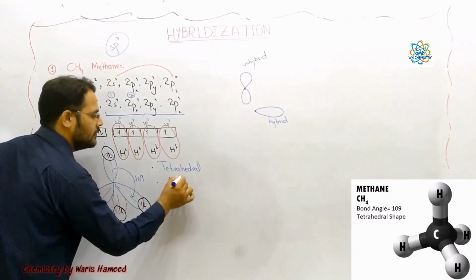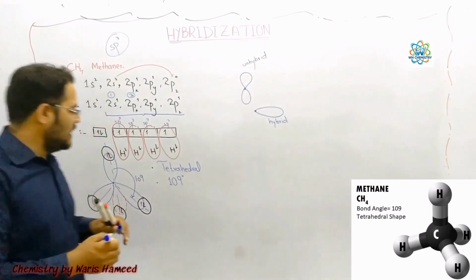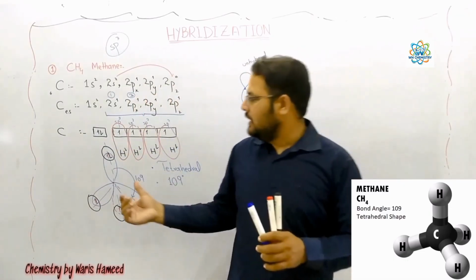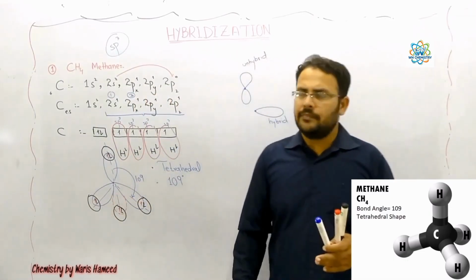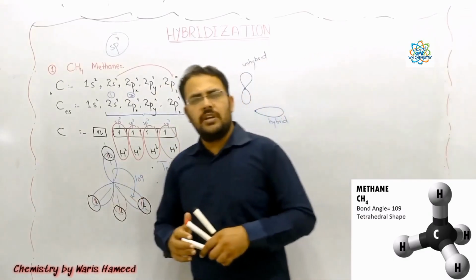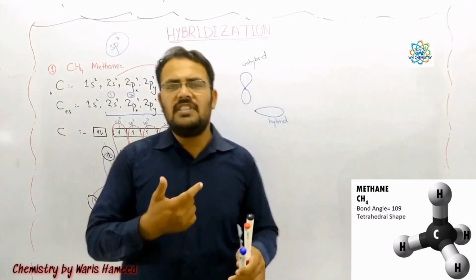Sorry, 109 will be the angle between hydrogen, carbon and hydrogen, and its geometry will be tetrahedral. We can find the hybridization state of any compound by following these steps.